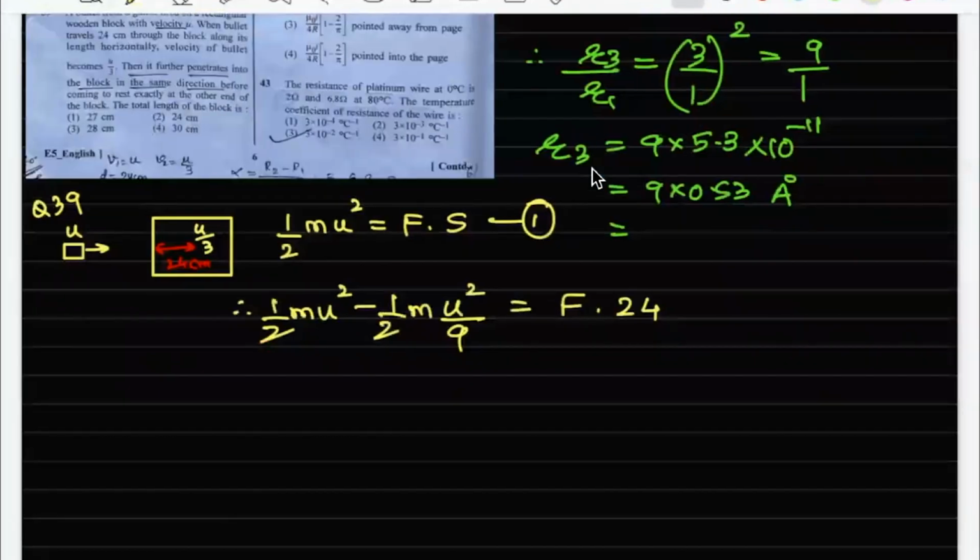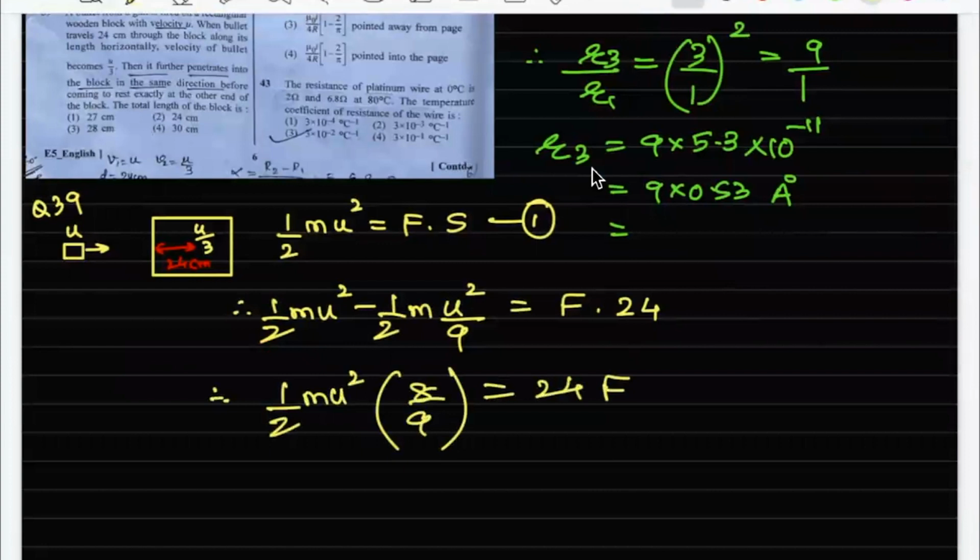So if I take half m u square common, I get 1 minus 1 by 9, which would be 8 by 9. It's 24F. So what I wanted was F. So F is 1 by 24 into 8 by 9, half m u square.